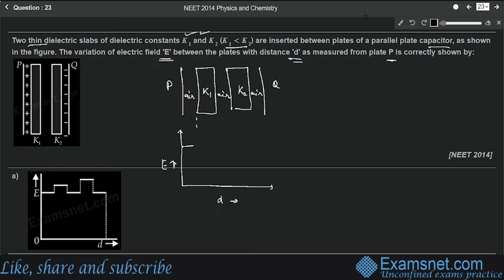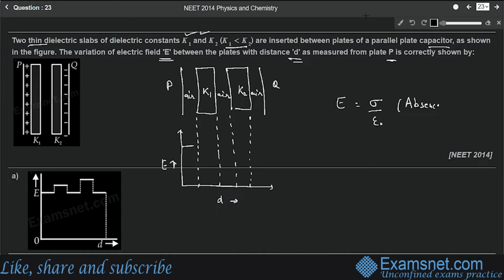Okay. So in the regions where the dielectric slab is present, there the electric field will vary. Now it will either increase or decrease. So that will depend on the formula. We know that electric field is equal to sigma upon epsilon naught in the absence of dielectric medium.